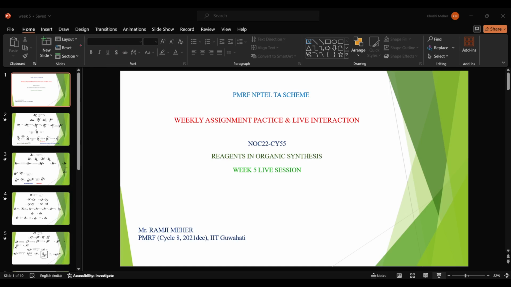The metal insertion happens and this reaction is nothing but an exothermic reaction, because when you form the Grignard reagent, heat is released during the reaction.